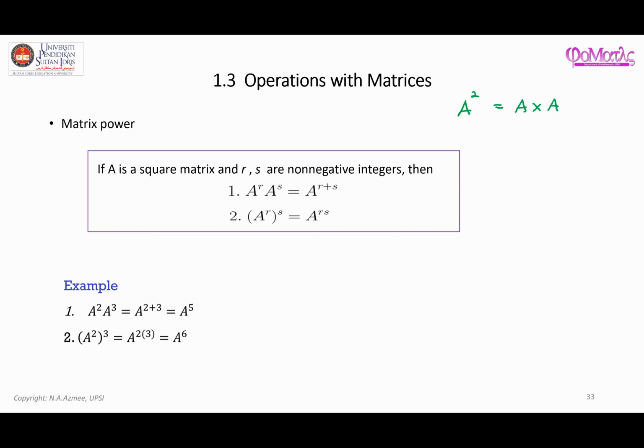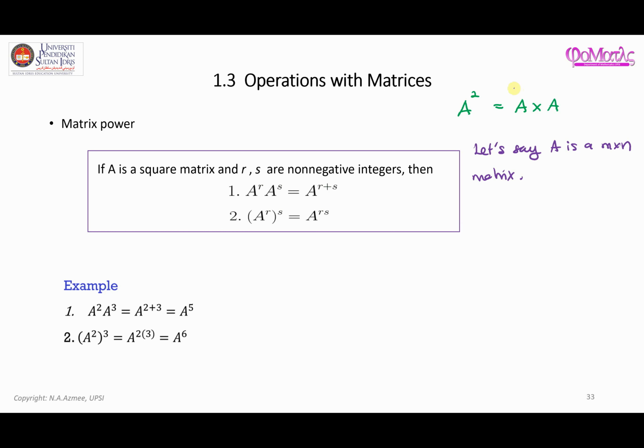Now, in order for the multiplication process to be executed, remember that the size of a matrix is important. Let me just illustrate this with a simple example. Let's say A is an m times n matrix.